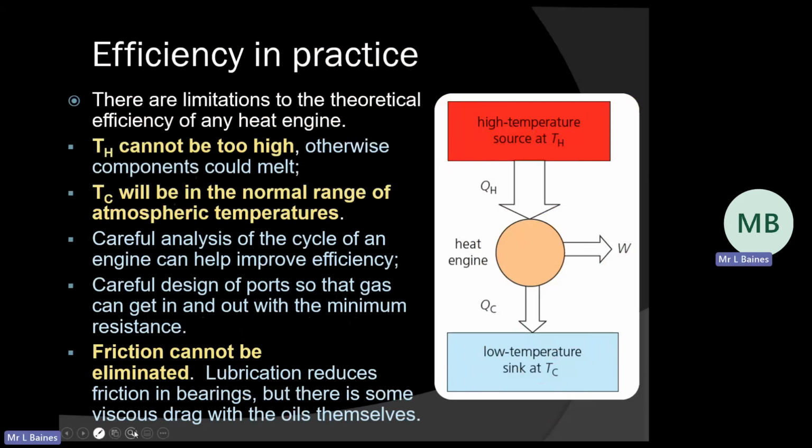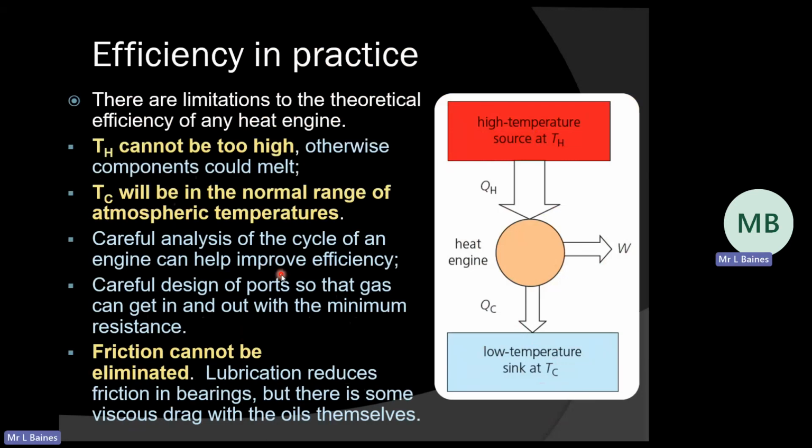There's also, and if you go into engineering, you'll get used to this term, the idea of viscous drag. The oils themselves have viscous drag, so physically moving, there's a kind of internal resistance of those materials.